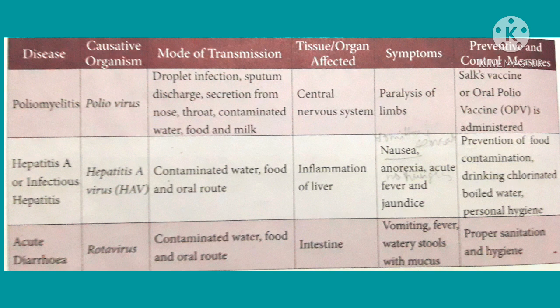Organ affected: intestine. Okay. Symptoms: vomiting, fever, watery stools with mucus. The stools contain water and along with that mucus is coming. Then preventive measures: proper sanitation and hygiene.